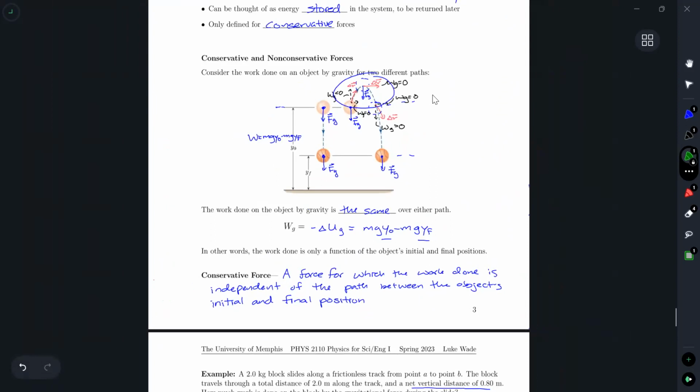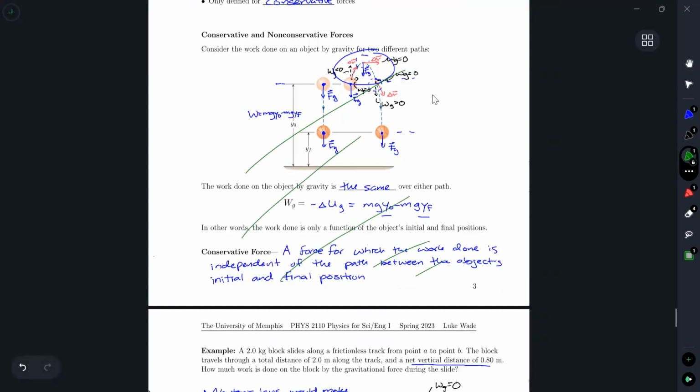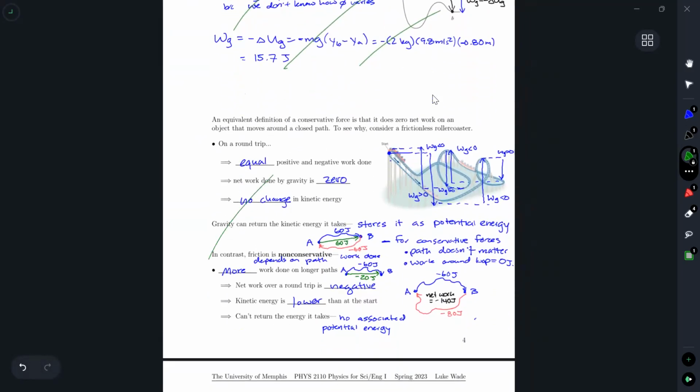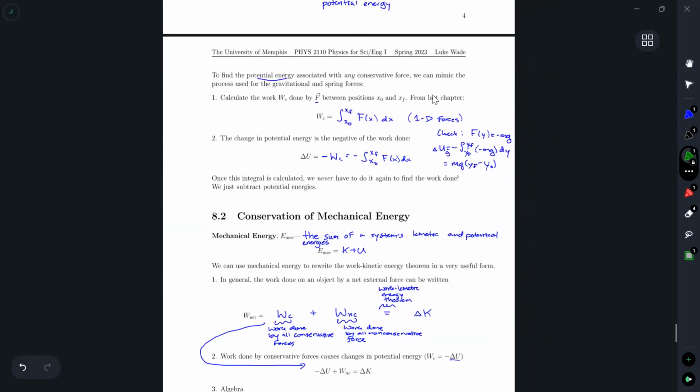And from here, I think I'm going to jump straight to conservation. So conservative versus non-conservative forces, don't worry about. It's just that that leads us to, if we only have conservative forces acting, then we can say energy is conserved.